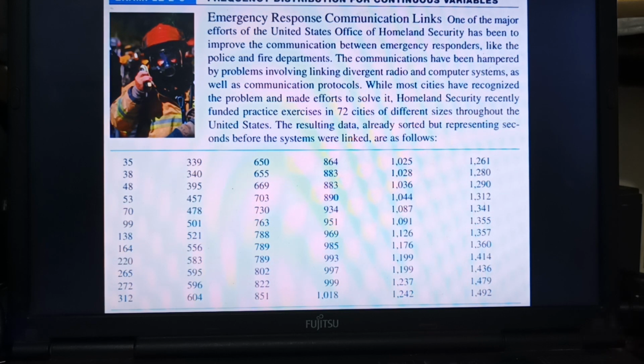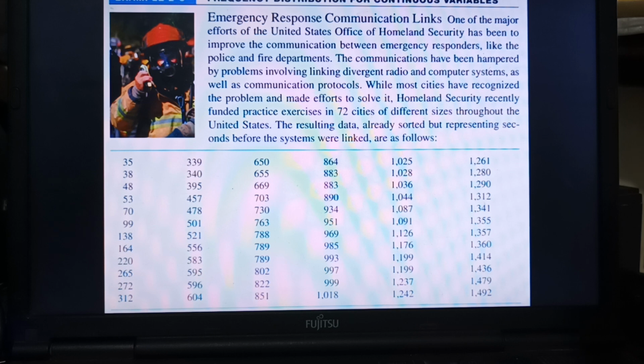Emergency response communication links is very important. Here in our example, one of the major efforts in the U.S. Office of Homeland Security, which I mentioned, we have our version here, the National Disaster Risk Reduction Council, and the equivalent in the local municipalities and cities, the disaster risk reduction management councils.